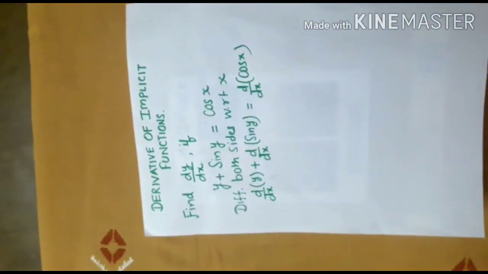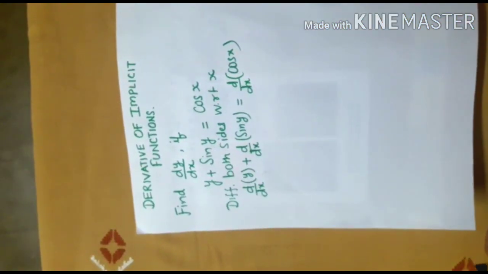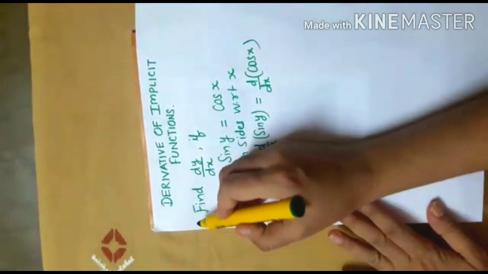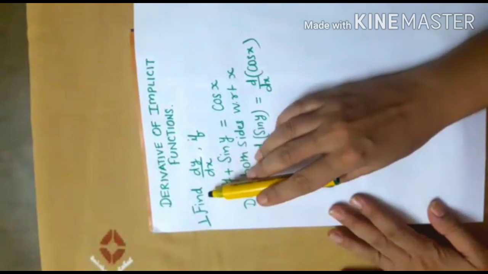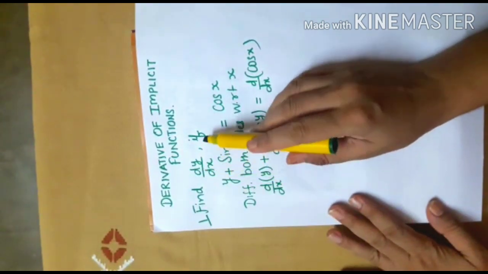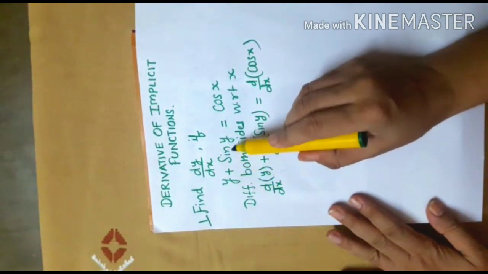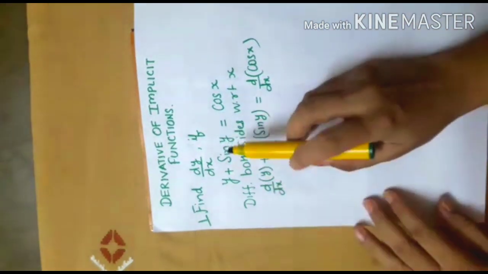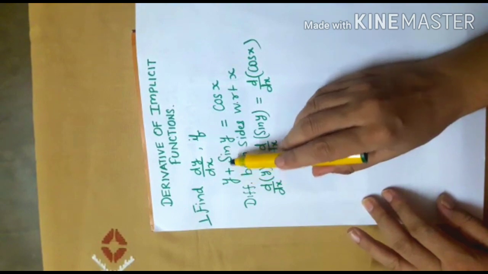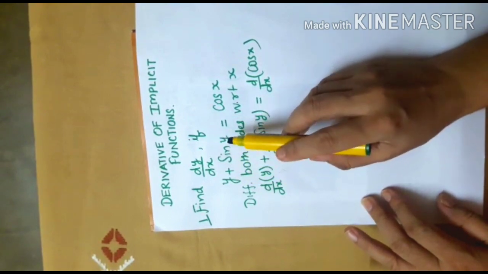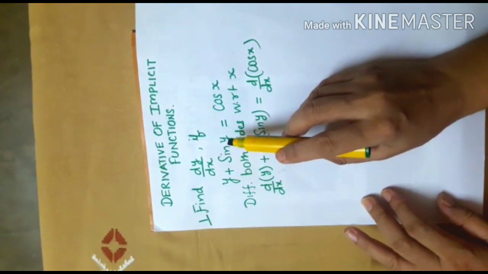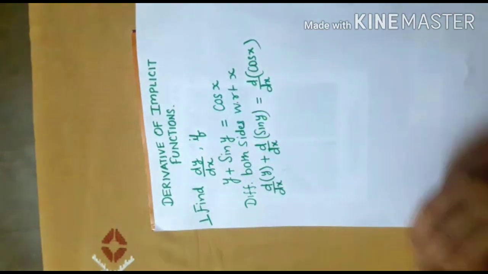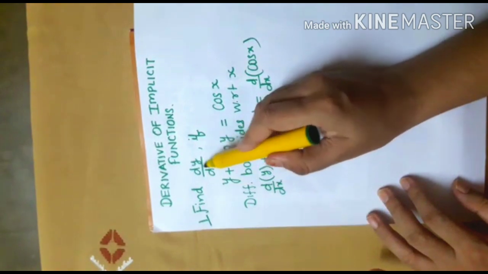I'll explain this through an example. Question: find dy by dx if y plus sin y is equal to cos x. Here the relation between x and y is implicit because we cannot express y explicitly in terms of x. Now we are to find dy by dx.